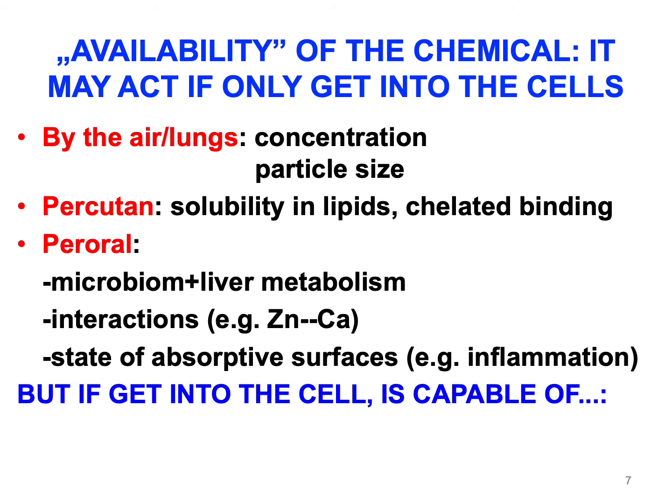How can a chemical compound get into the organism? By the air through the lungs. In this case, the determinants are the concentration and the particle size. Percutan, in this case, the compound should be soluble in lipids or have chelated binding.